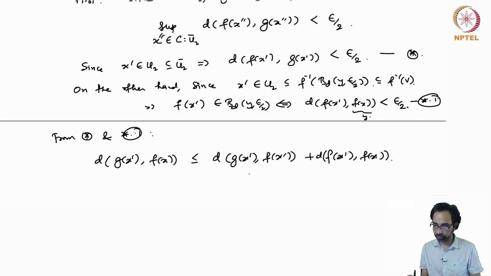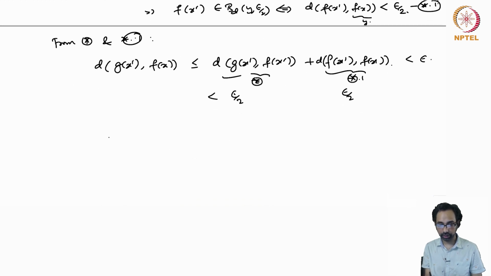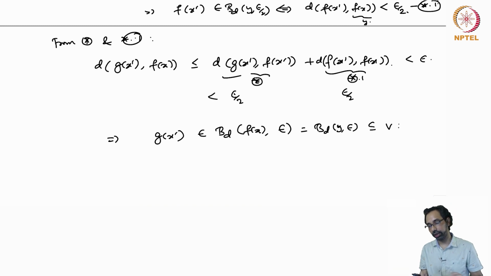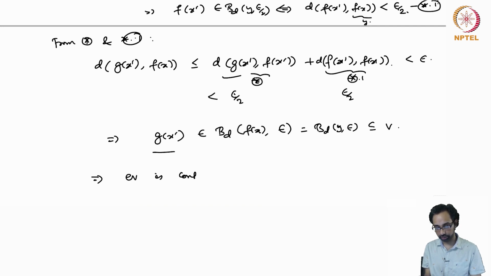The first one is by star less than epsilon by 2, and this is from star point 1, also less than epsilon by 2, and so the sum is less than epsilon, which means that g(x prime) belongs to the metric ball around f(x) with radius epsilon, which is nothing but B_{d_Y}(y, epsilon), and by our choice of epsilon, this was a subset of V. So we have shown that g(x prime) belongs to V, and this is what we wanted to show. So this means that the evaluation map is continuous.